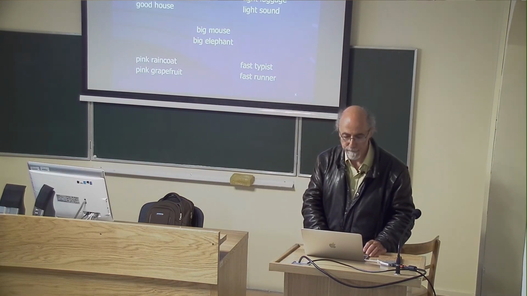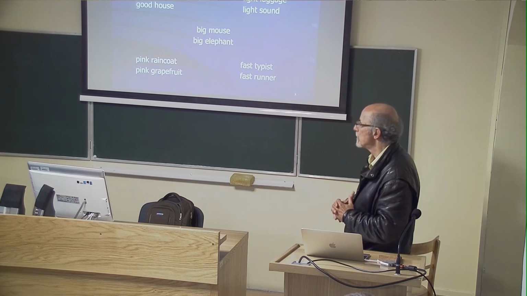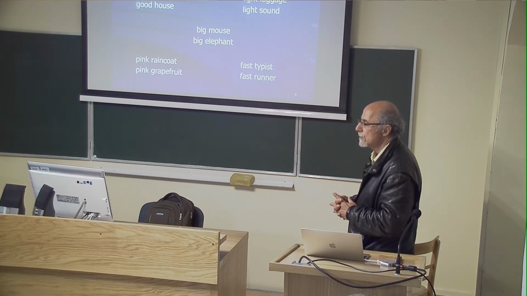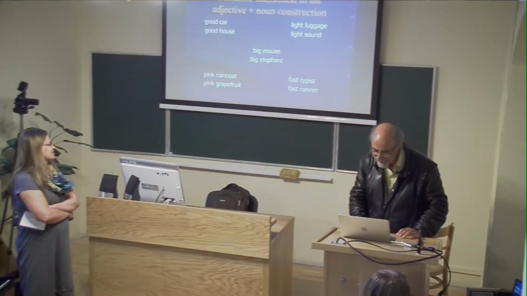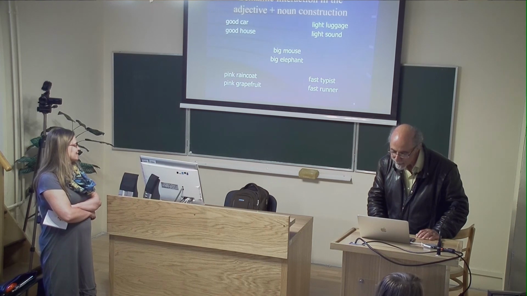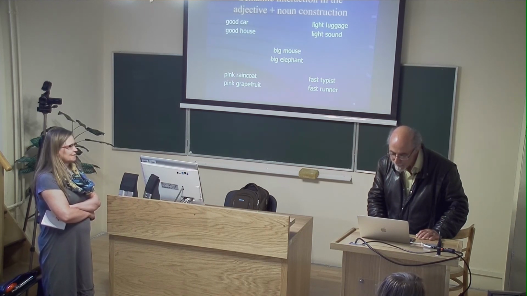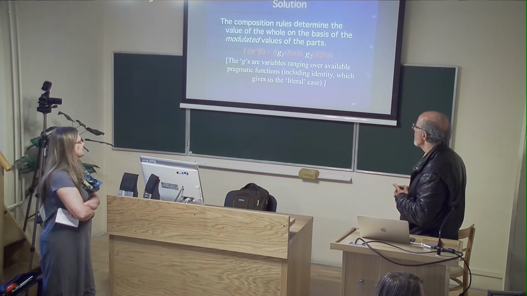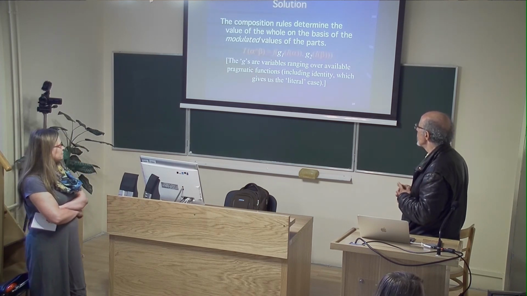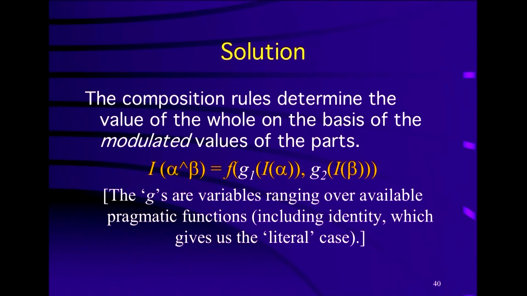Okay. If there are no questions, I will have a very detailed clarification question on slide 40. You say, or you write here, that G are variables ranging over available pragmatic functions, which means that G1 and G2 could be different functions.